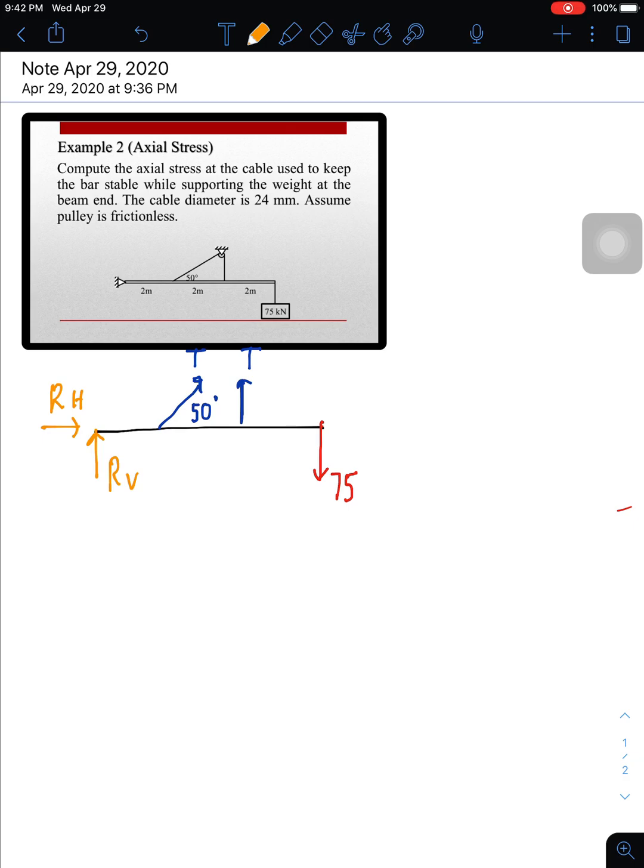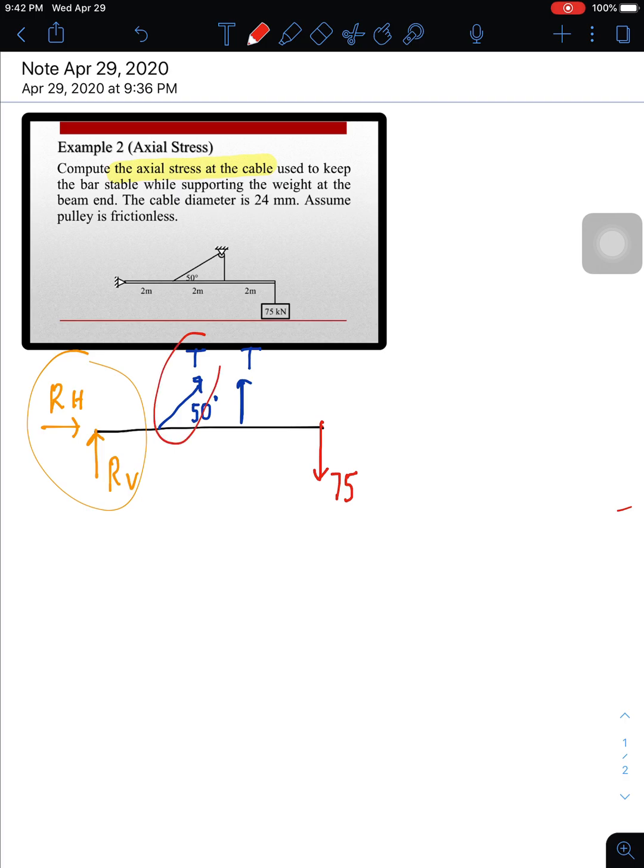But actually, we're not looking for the amount of these values. The problem says we're going to find the stress in the cable. So what are we going to do? We are going to solve for the value of that tension T.